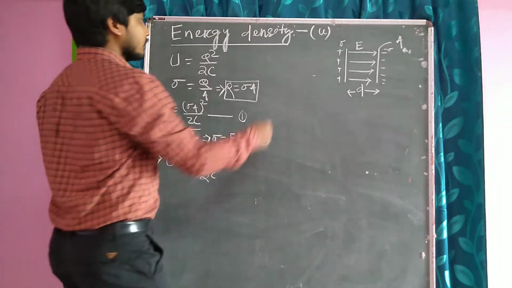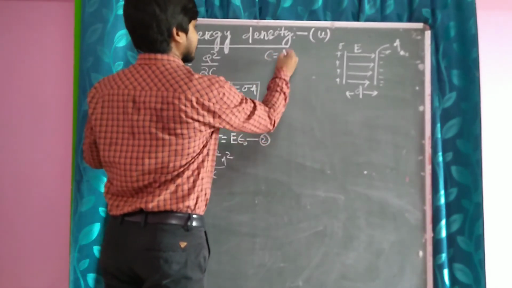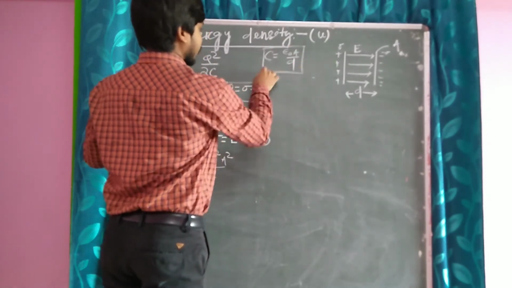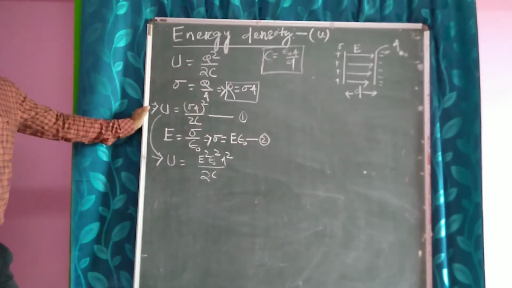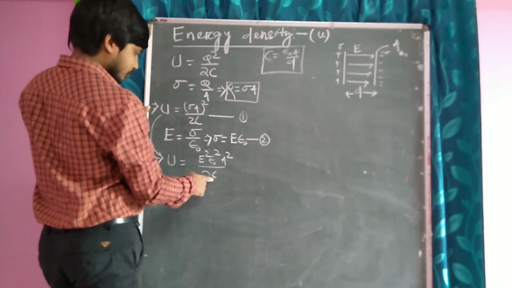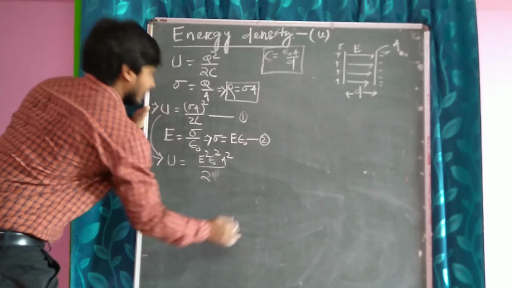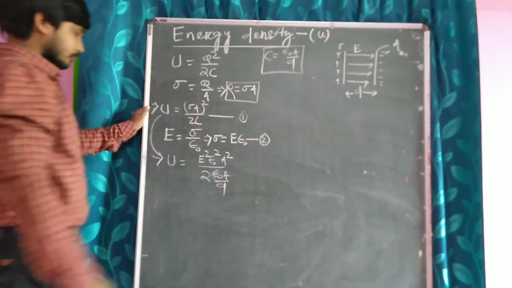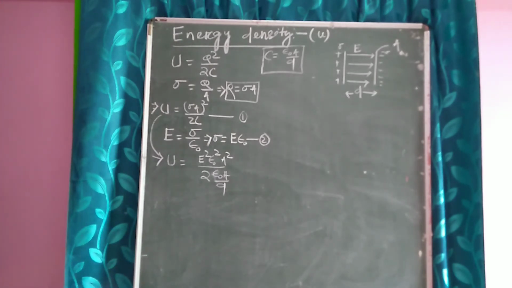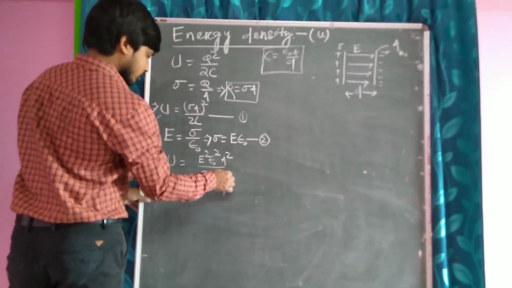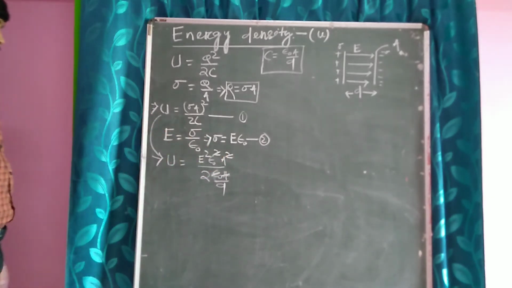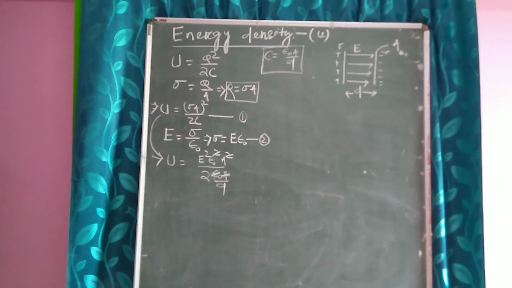We also know that the capacitance of a parallel plate capacitor C is given by epsilon naught A by D. So in place of C, I can write epsilon naught A by D. Is it clear? And you can see here one epsilon naught and one A will be cancelled. So what you will get?